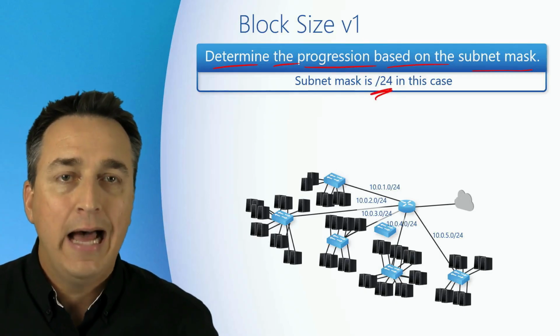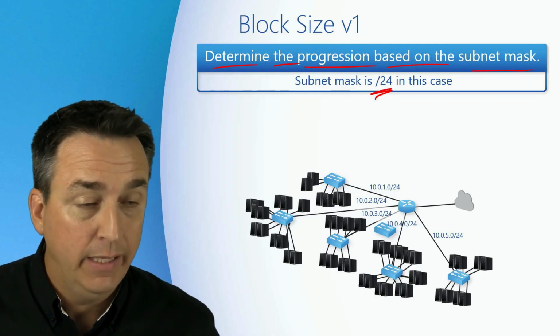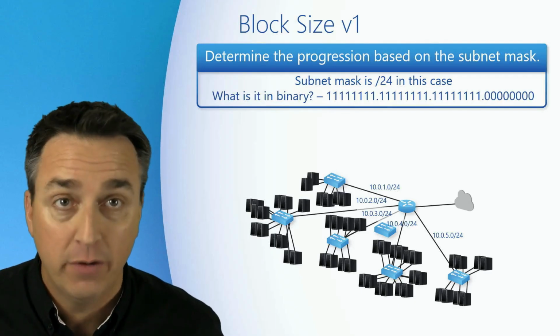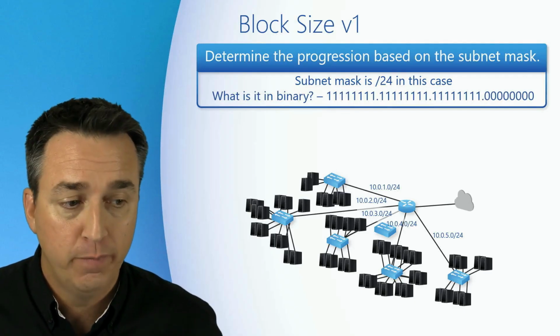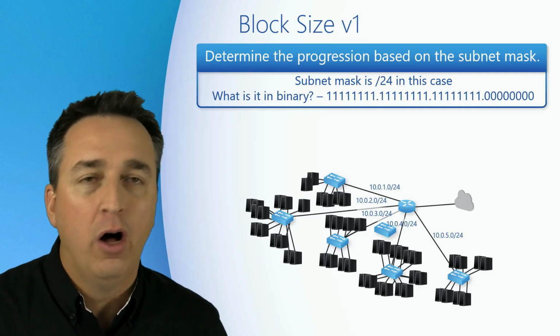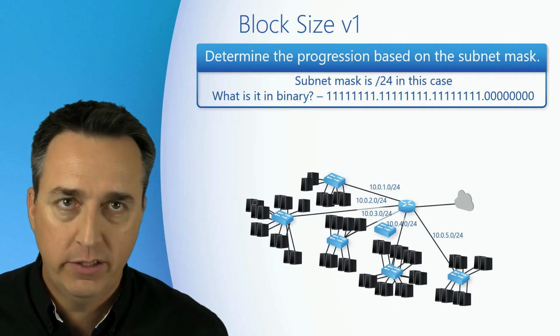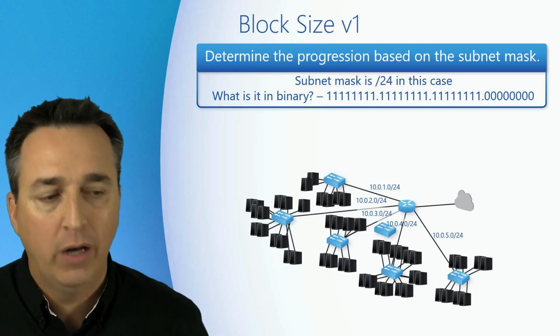So what is that in binary? Well, that's really easy. It's 24 ones followed by 8 zeros. Would I really write out all these ones and zeros on an exam? Absolutely not. Instead, I shortcut what I'm looking at.